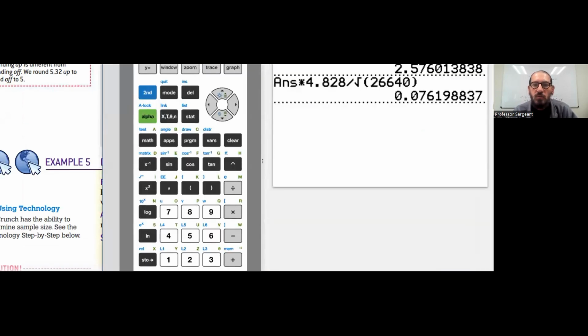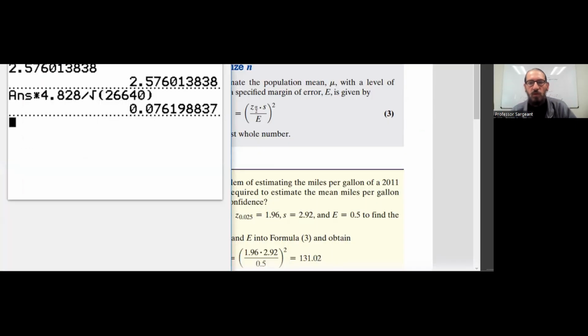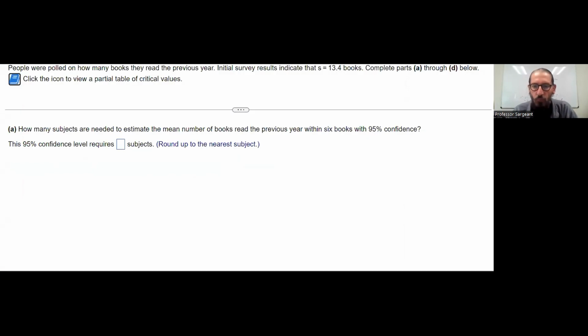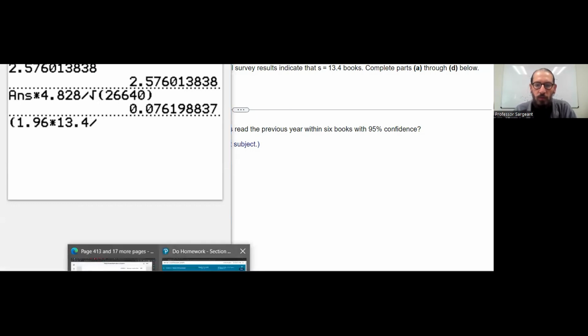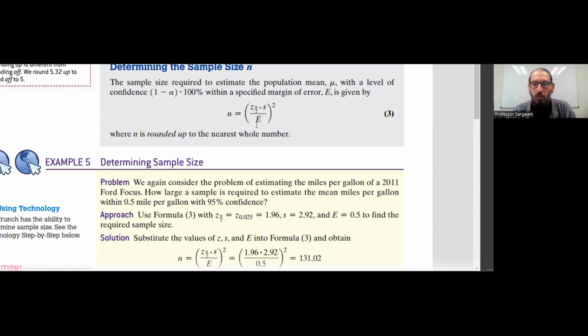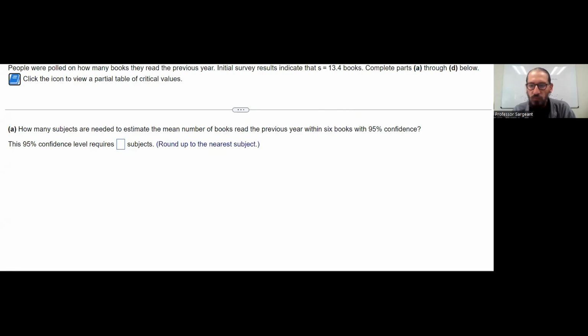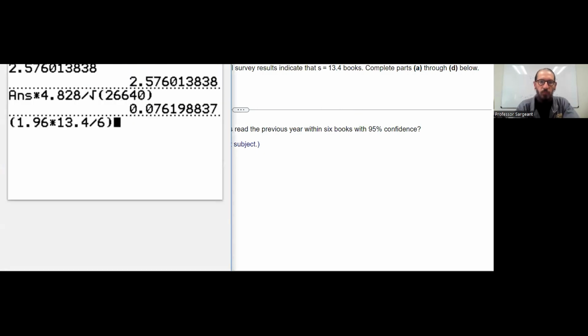So 1.96 plugged in for Z. Our sample standard deviation was 13.4. And we're dividing that by the margin of error that they want us to have, which in this case is 6 books. Be within 6 books. You don't need a sign on the margin of error. That whole thing was being squared.